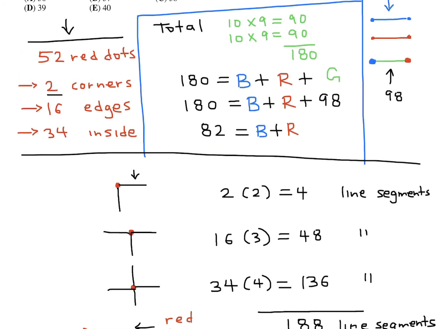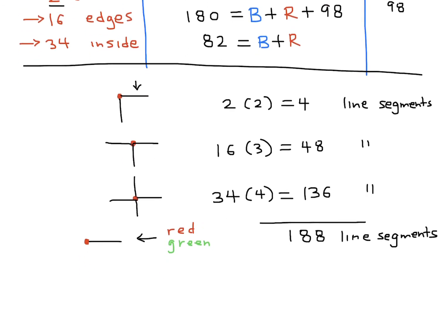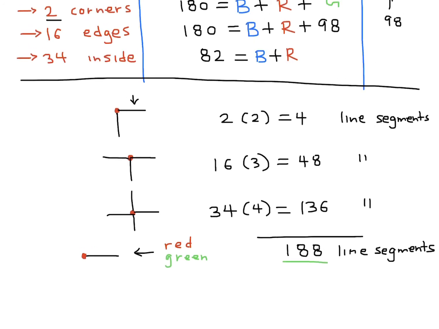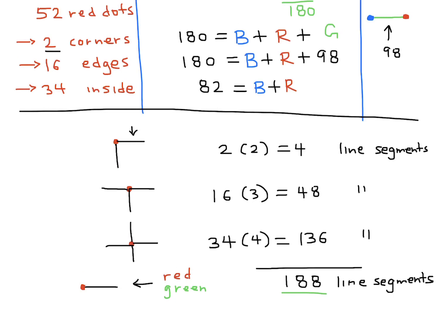The only way you can get a blue line segment is if you have 2 blue dots. Correct? So these 188 line segments are either red or green. That's the only way. Well, the good news is the question tells us that 98 of them are green.